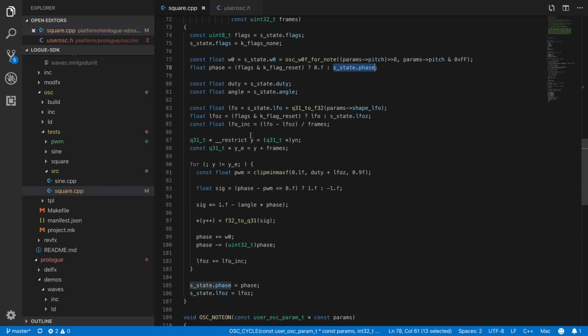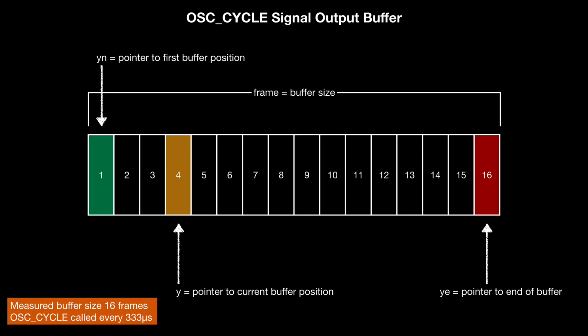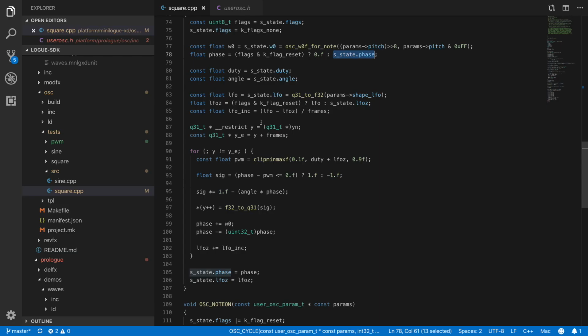All right, now we have all the variables set up. Now let's go into the actual loop that is going to fill our buffer. As you can see here, our buffer is actually a Q value, which means it's a fixed point pointer to a buffer. Let's convert it to that and put it into the variable y.